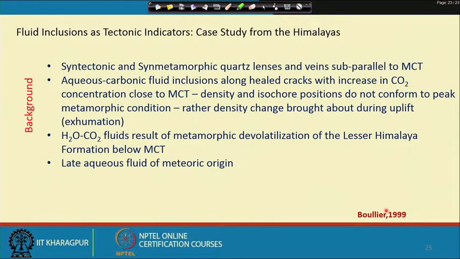As I have said, a list of all these references will be provided at the end of this week's lecture for the details to be referred to, but here we only intend to give a broad overview and a brief idea, and bring home the point about the useful and important implications of the study of fluid inclusions in understanding crustal processes.